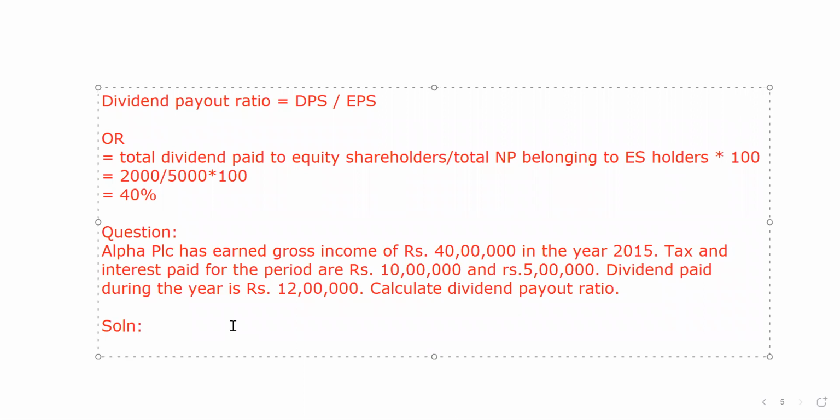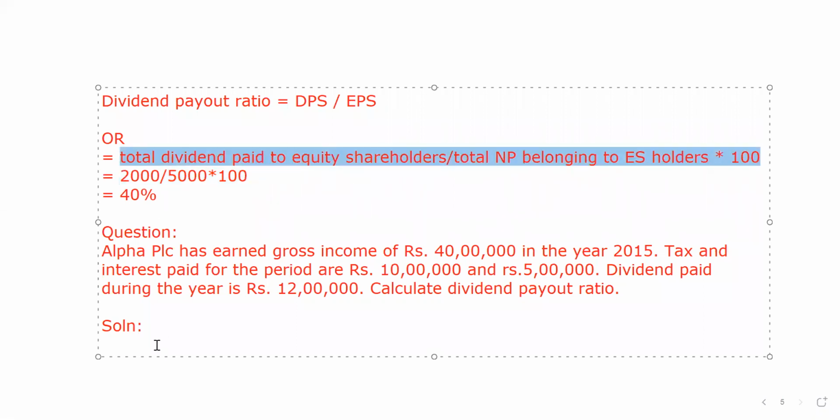So we know that gross income is given as 40 lakh, tax is given as 10 lakh, then interest paid is 5 lakh, dividend paid is 12 lakh. Now we have to calculate dividend payout ratio. We will go with this formula because per share information is not given.